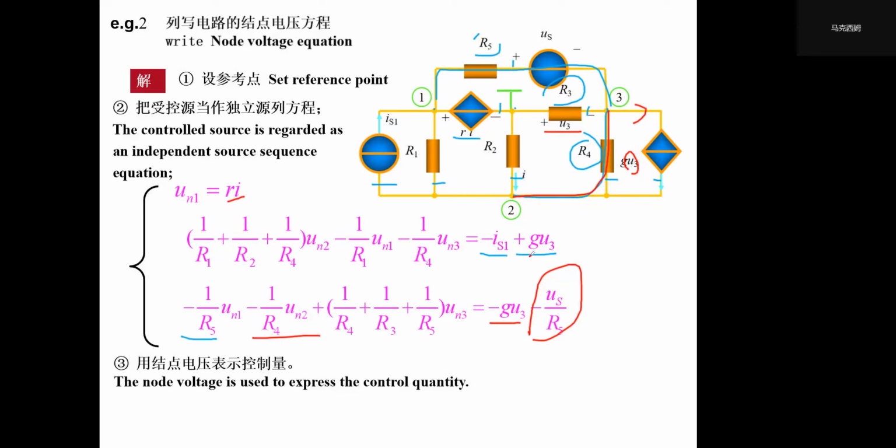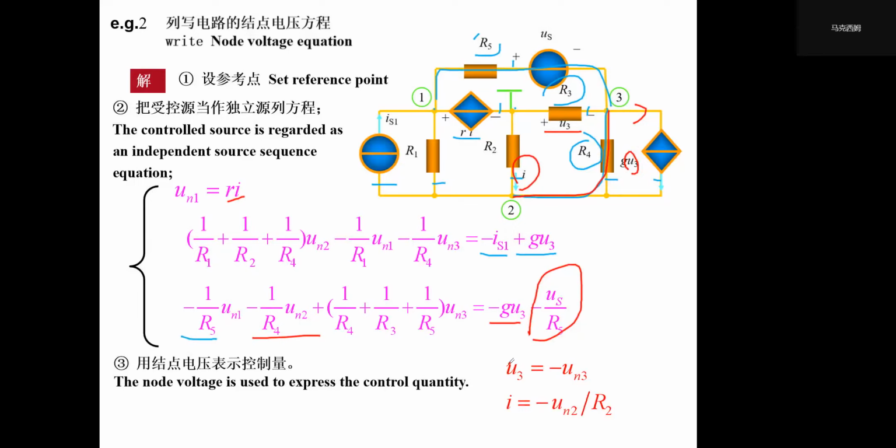And we have to find the other controlled source, R times I. We also know that I equals Un2 over R2, since I is the current of this branch, the R2 branch.